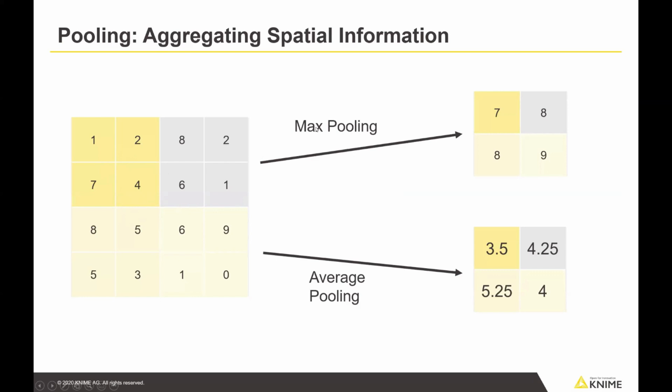For example, we could use max pooling, which just means that we take the maximum value in one of the windows, or we could do average pooling, which means we calculate the average. As you can already see, this reduces the dimensionality. A common thing that is done is that we halve the image resolution, and this way we can aggregate the features and reduce the input space.